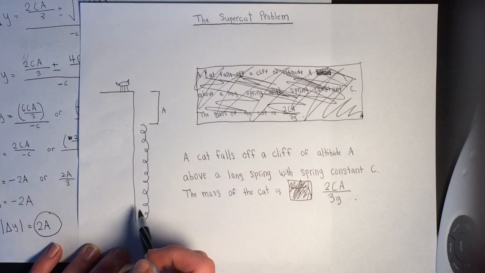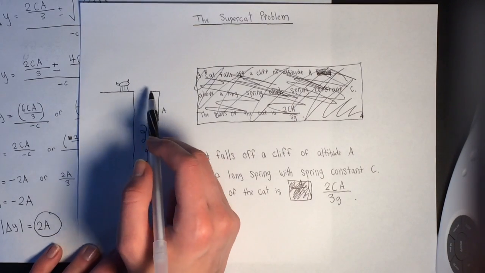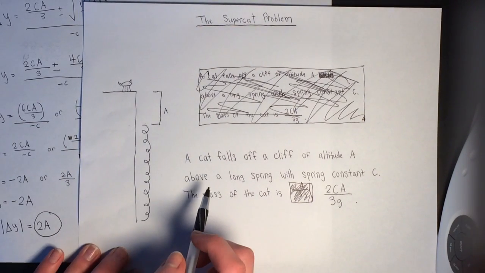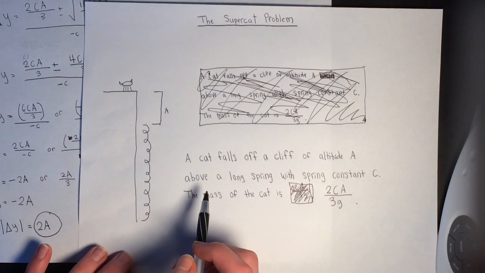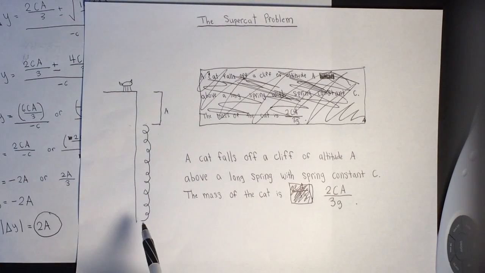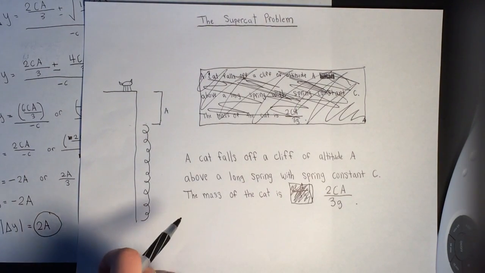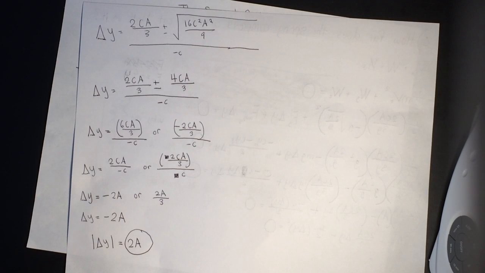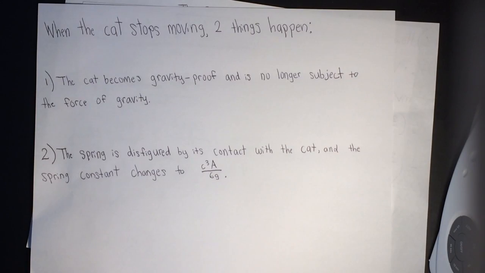So the spring needs to be longer than twice a, which is a very long spring, or perhaps a very short cliff. I don't know. I like to imagine it as a long spring because this is Supercat. By the way, yes, I definitely did set the problem up so that the answer to C would be such a simple quantity.